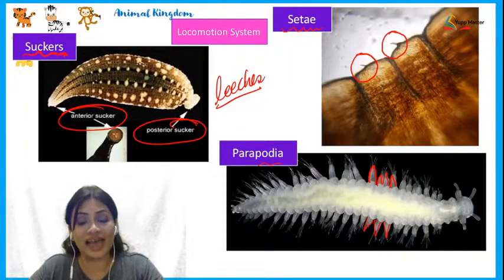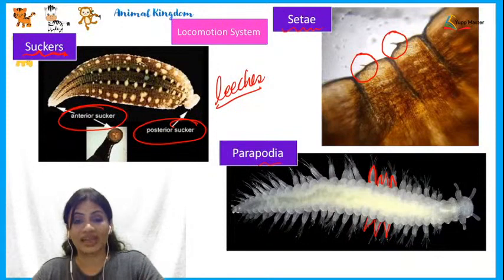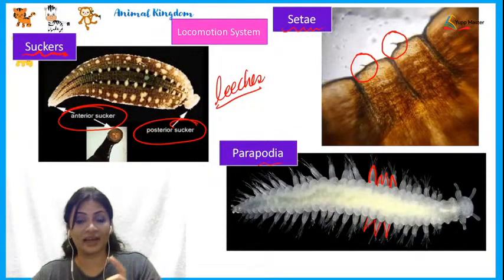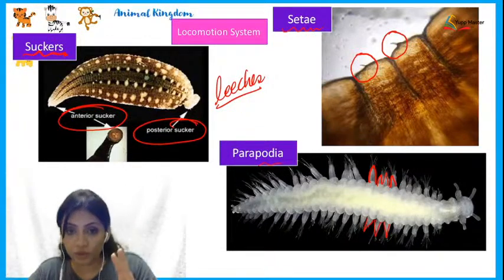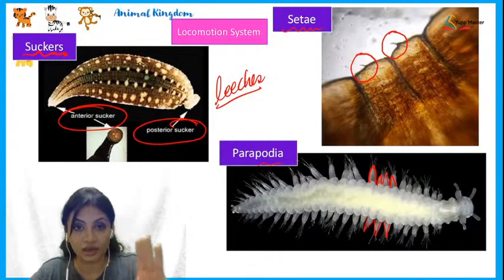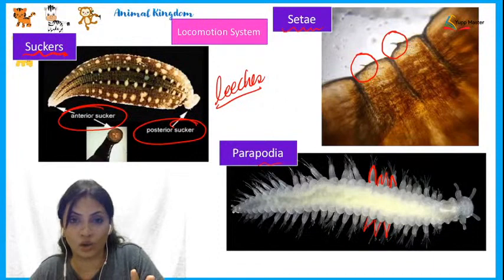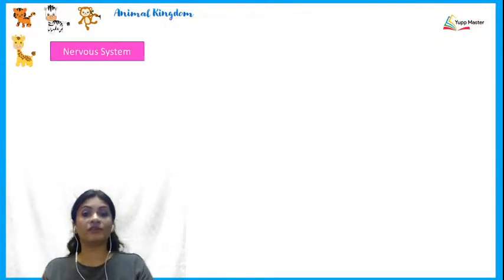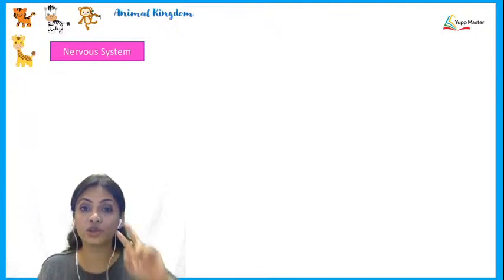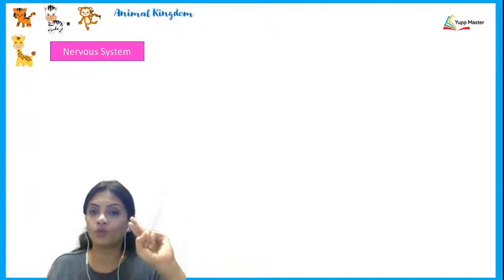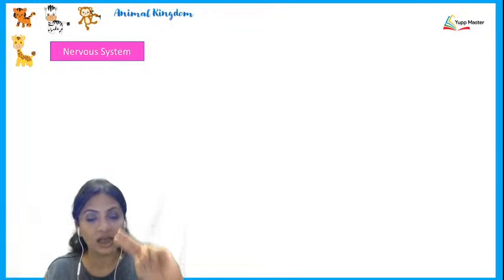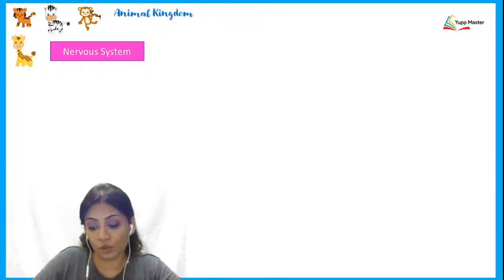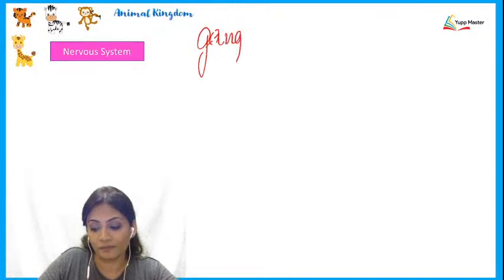So whenever an annelid wants to locomote, it's going to make use of one of these three structures: the setae, the parapodia, or a sucker in order to perform locomotion. Alright. Now talking about the nervous system. When we talk about the nervous system, remember two important structures. One structure is the ganglion, the second structure is the nerve. When we spoke about ganglion, what exactly was a ganglion?